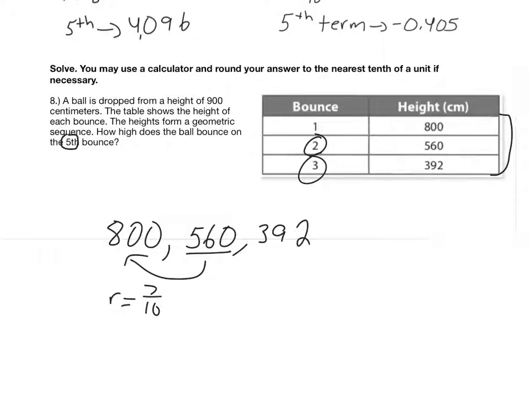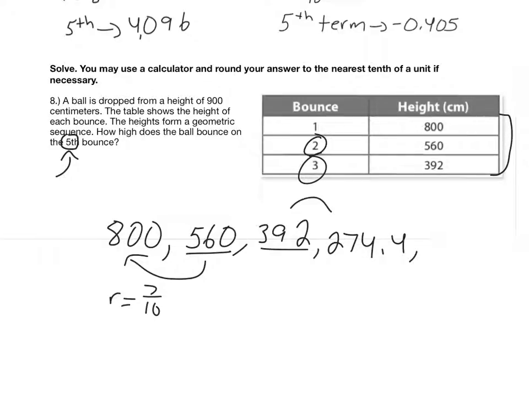Now, we're asking for the fifth bounce. We're not going to use the explicit equation yet. We're just going to do this with repeated multiplication once again. So if we take 392 and multiply it by 7/10, that would give us our fourth term, which would be 274.4.